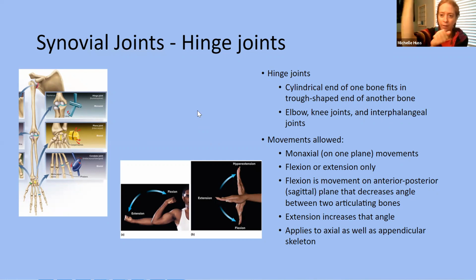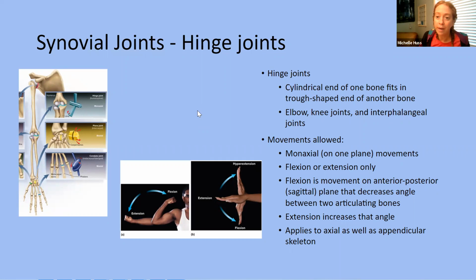I'm looking at the joint that does this. That's a hinge joint, okay? So your hinge joint, you saw the motion. And that motion is flexion, decreasing the angle of the joint, or increasing it is extension. Flexion and extension.